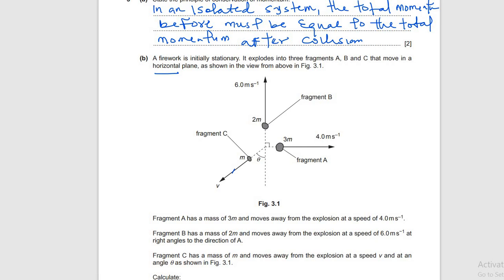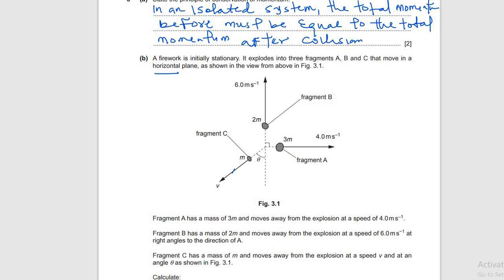Now the first thing I would do, look at fragment C. Fragment C moves away from the explosion with a velocity of v at an angle theta. So we need to resolve the velocity at an angle theta into horizontal component and vertical component.